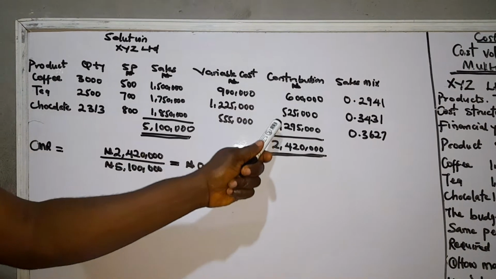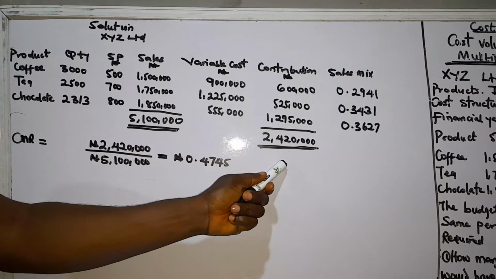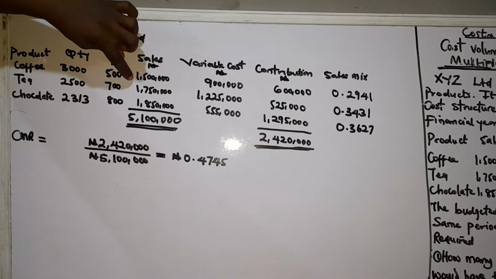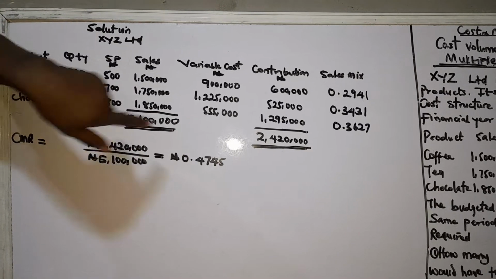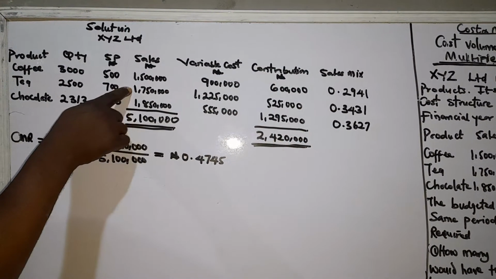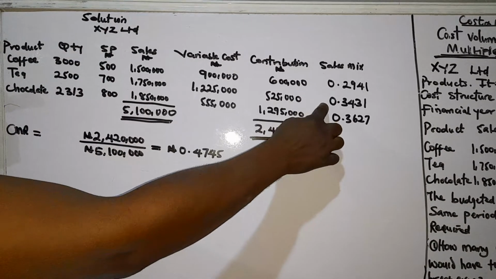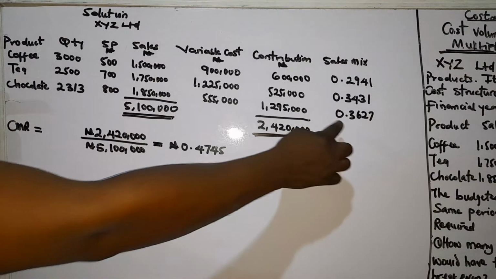Then you sum the total contribution, that gives 2,420,000. Our sales mix, don't forget, sales mix is 1.5 million divided by 5,100,000. That will give us this. 1,750,000 divided by 5,100,000, we have this. 1,850,000 divided by 5,100,000, so that gives us this.